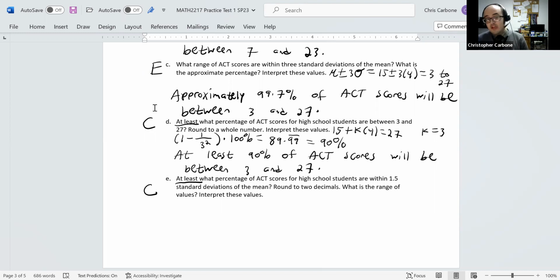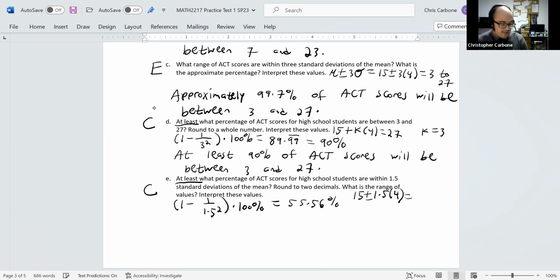And then for the 1.5 standard deviations of the mean, this would be 1 minus 1 over 1.5 squared times 100%. That makes, rounding this time to 2 decimals, 55.56%, once you toss that expression into a calculator. To get the range of values, this would be 15 plus or minus 1.5 times 4. So we're adding and subtracting, in this case, 6.